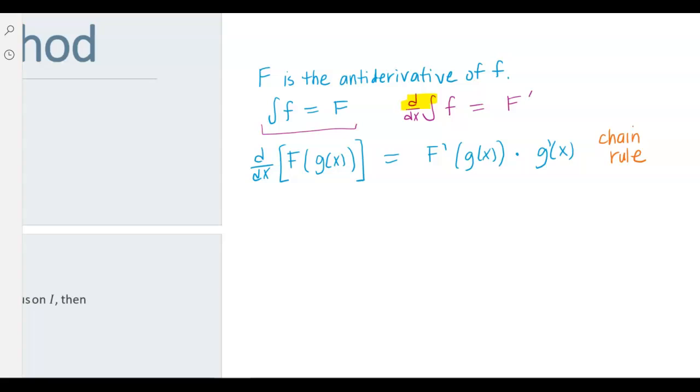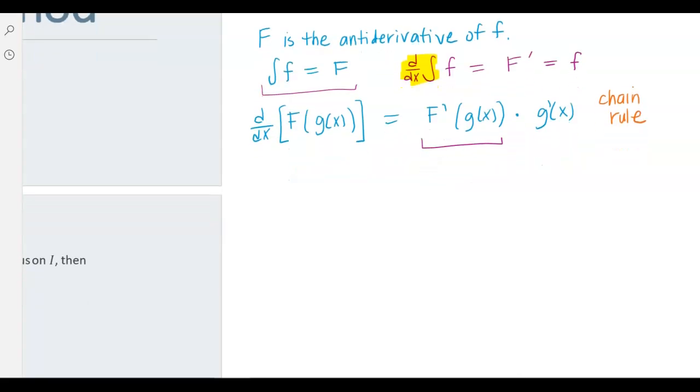In this case, the derivative and the integral, because they're opposite operations, are going to cancel each other out. So I can say that the derivative of capital F is equal to lowercase f. So I'll make that substitution down here and say that this is lowercase f of g of x times the derivative of that inner function.